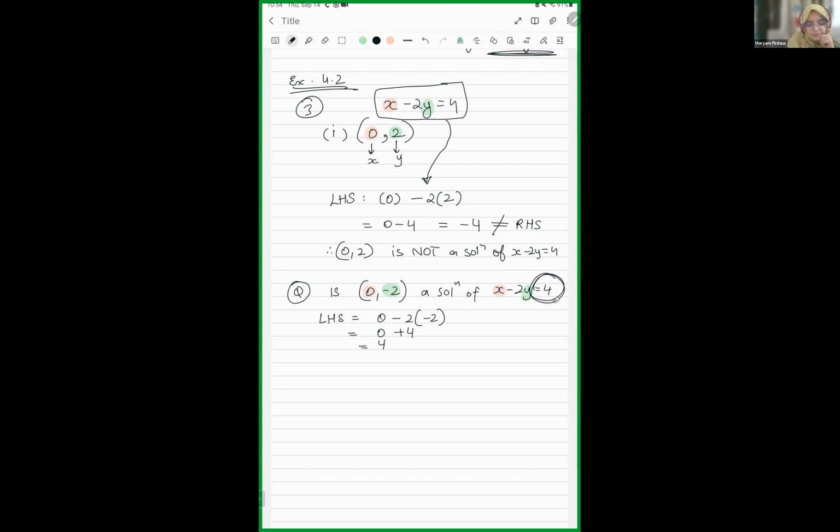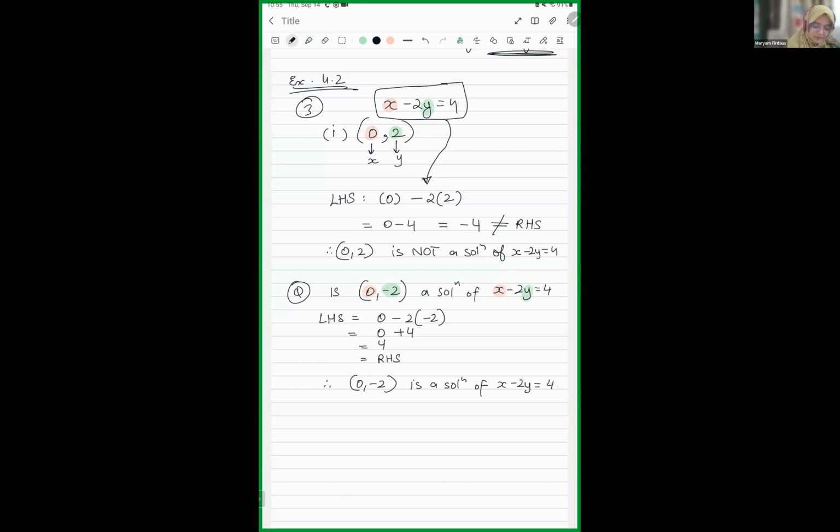Yes, ma'am. This is equal to the RHS. Therefore, what should we write? Is it a solution or not? Therefore, 0, minus 2 is a solution of x minus 2y equals 4.